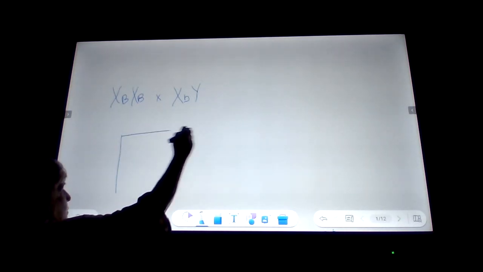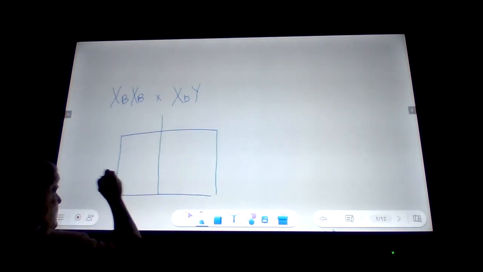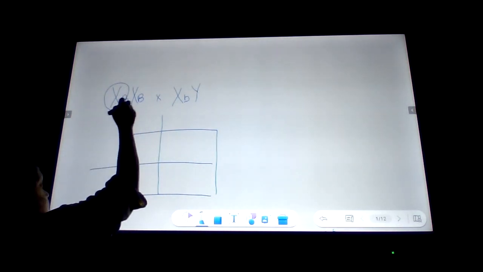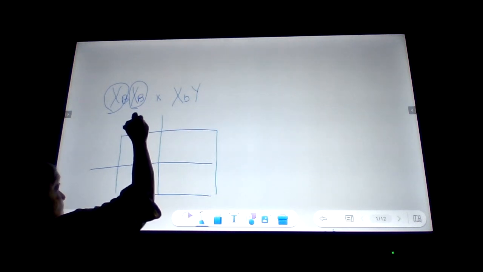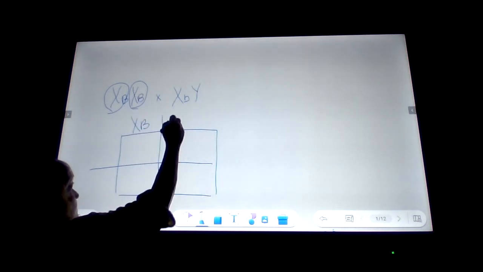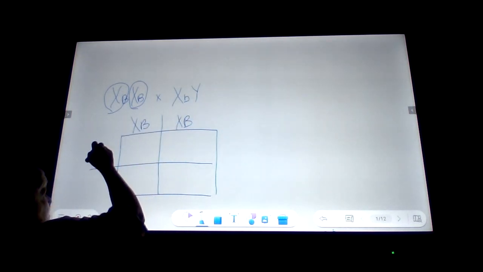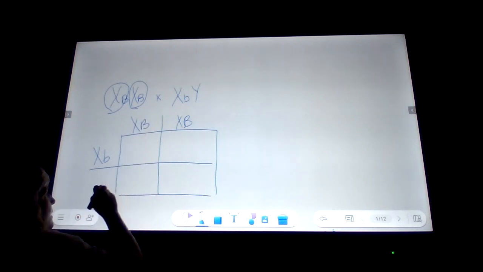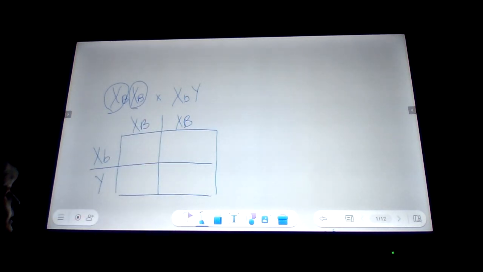Okay, we're going to do our Punnett square just like we've always done them, with one exception. This here is an allele. This is another allele. So this allele is going to go here, and this allele is going to go here. Same with dad. I have my recessive allele going with my X, and then we just have the Y. And remember, the Y doesn't have this because it's so tiny.